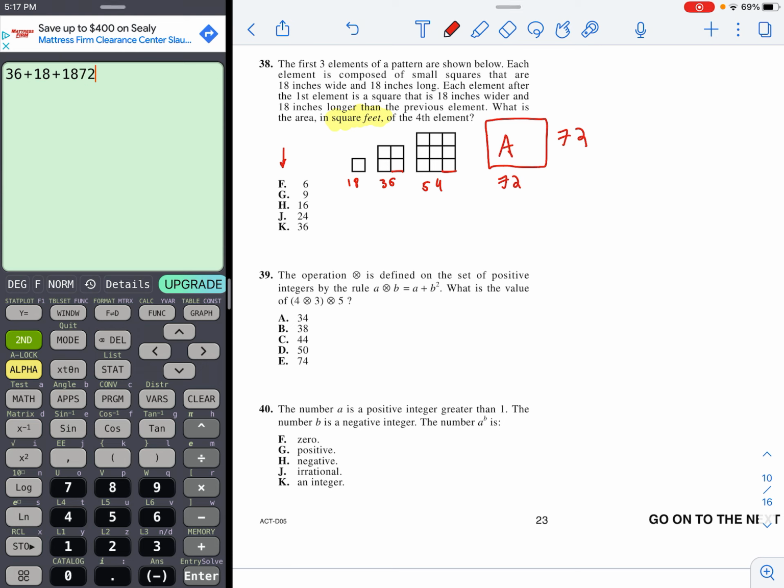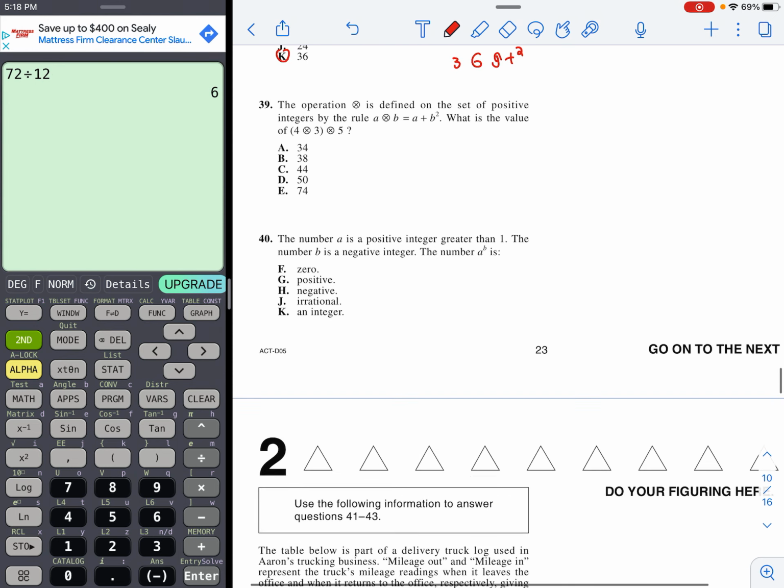If we just did 72 times 72, we'd have an enormous number because that's square inches. The easiest way is to convert to feet first, dividing by 12 inches in a foot, and we'd have 6 feet. So we just have a 6 feet by 6 feet square, so we have an area of 36 square feet. Answer choice K.